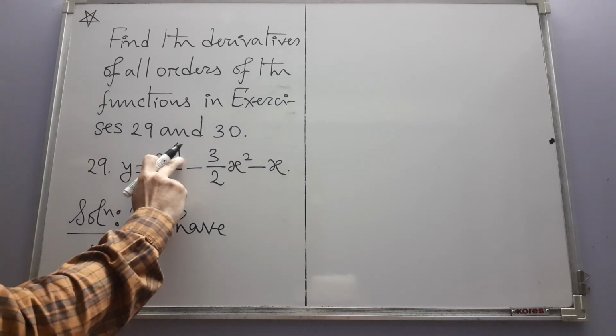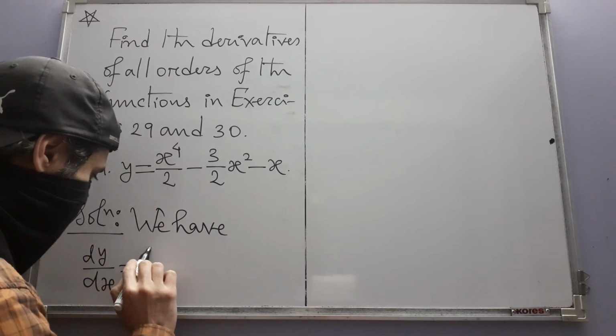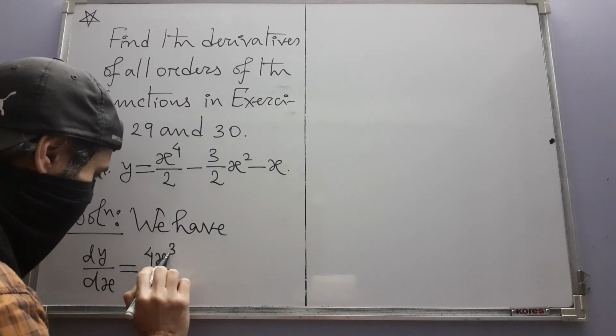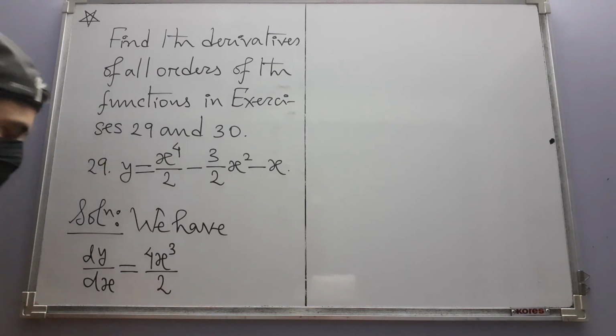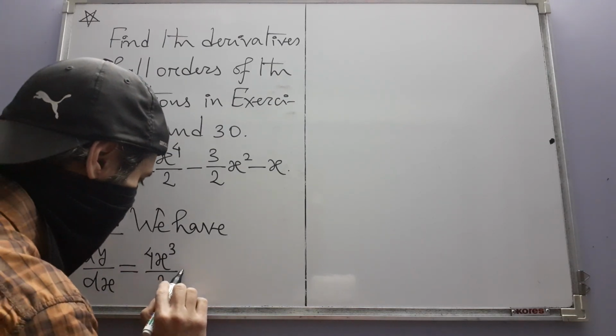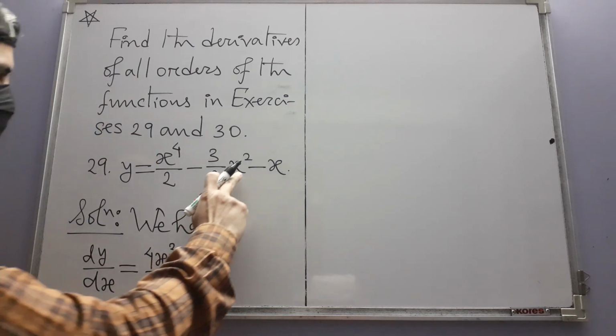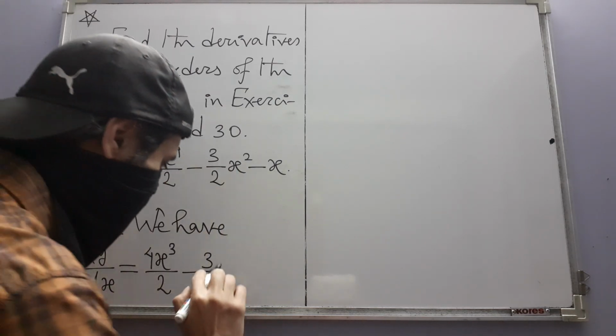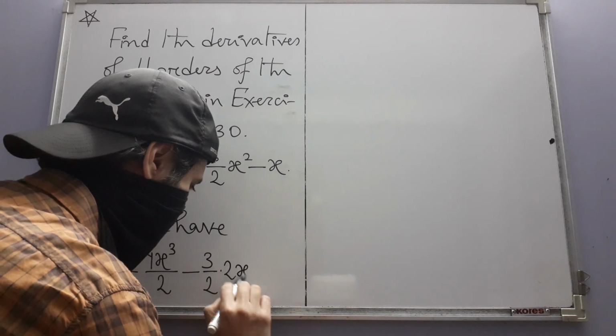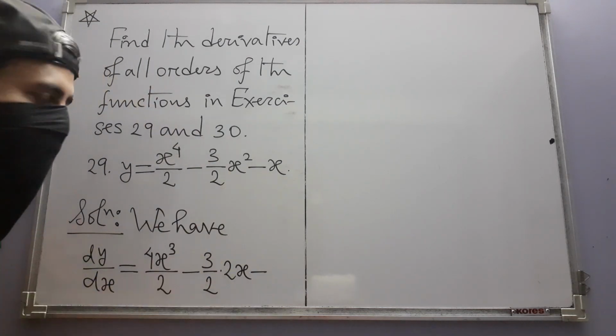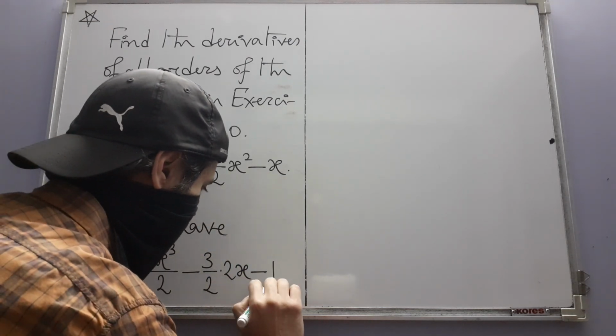For example, differentiating the fourth power of x, we get 4x cubed, but that divided by 2 remains. Similarly, minus 3 over 2 is unchanged, and then we differentiate x square, we get 2x. Minus differentiating x, we get 1.